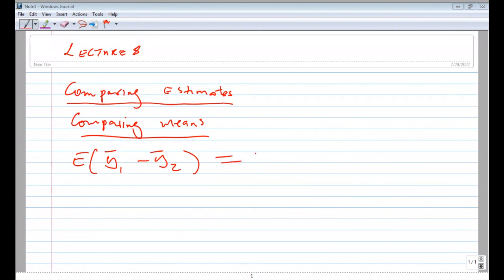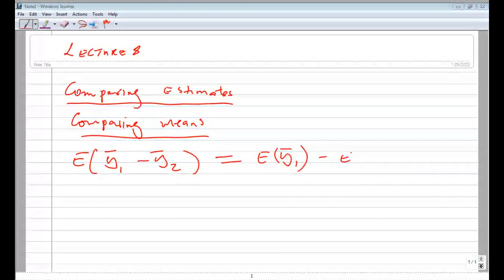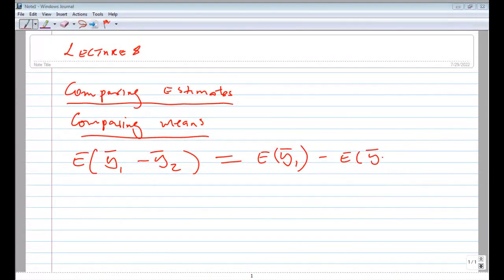If you still recall, it's equal to the expected value of y bar 1 minus expected value of y bar 2, isn't it? According to the properties of expectations.